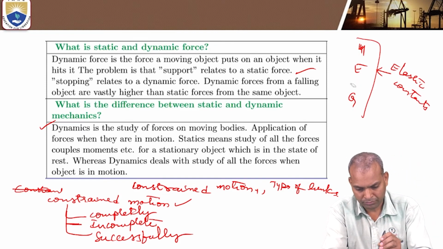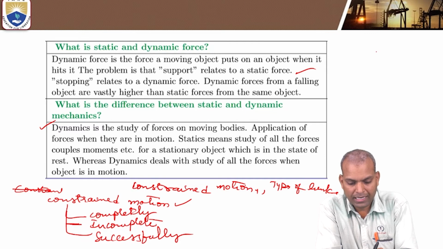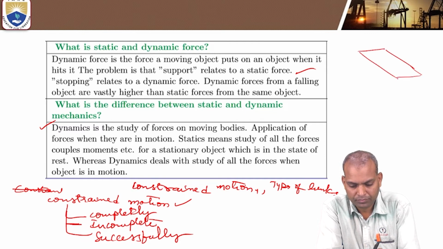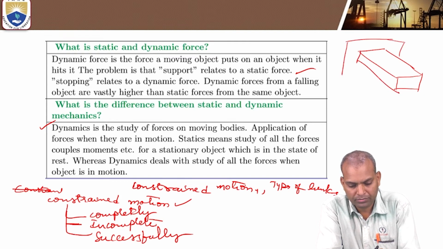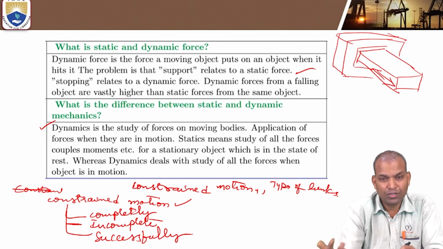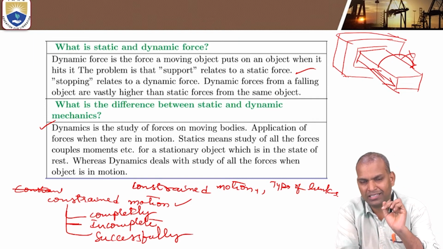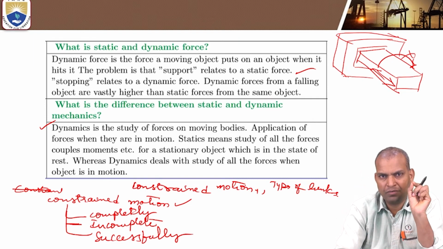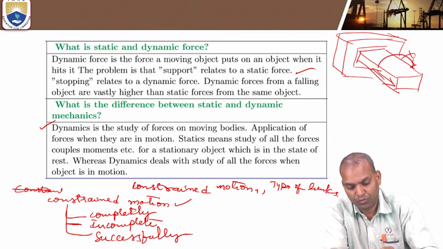It has one motion, but it can't be rotated. There is obstruction, which means it is constrained in a particular direction of rotation. That is known as completely constrained motion.